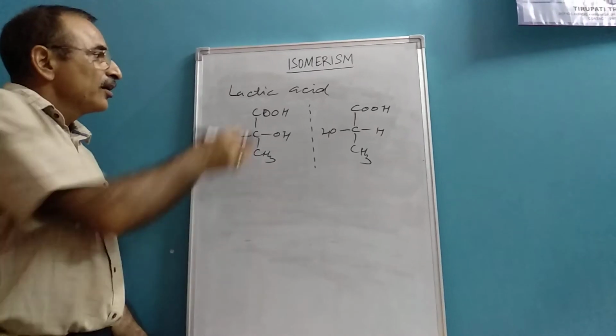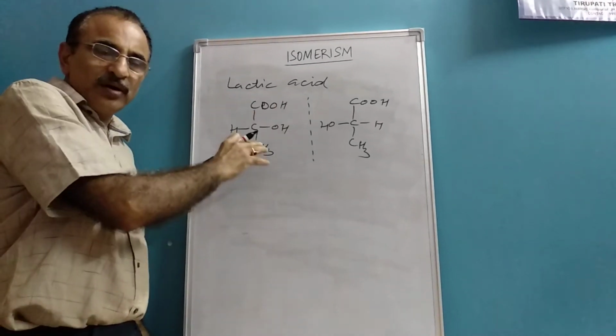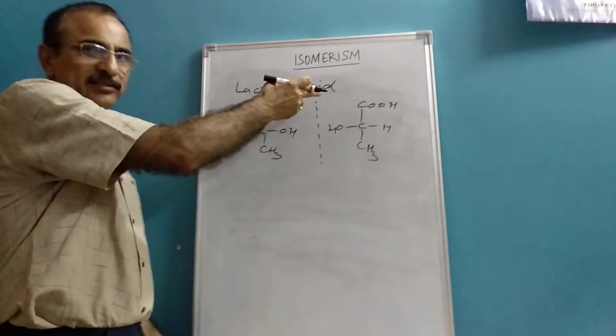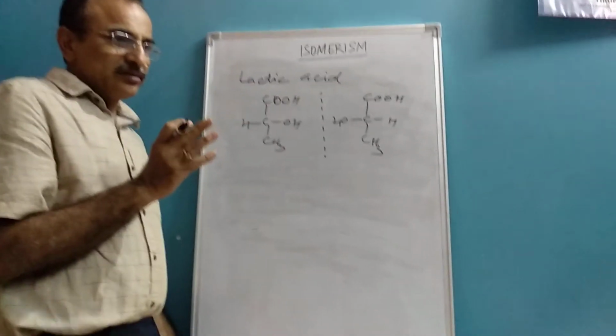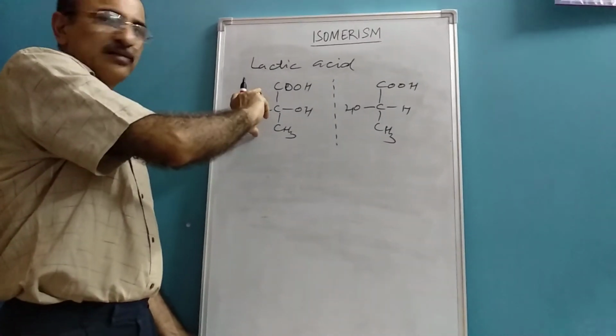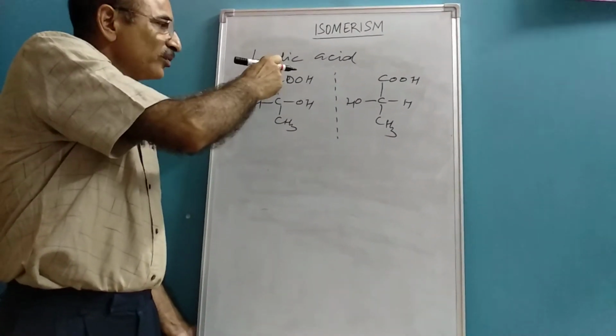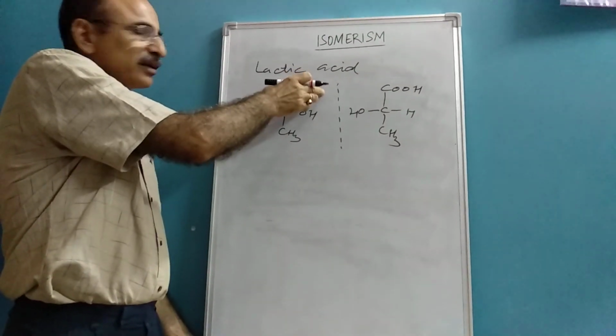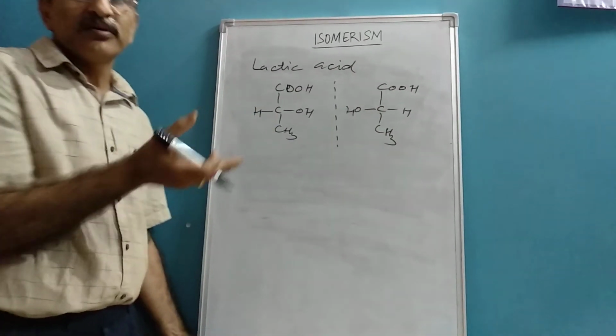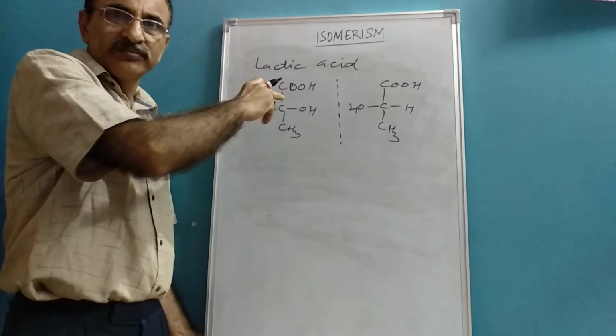Here, when you are going to observe the lactic acid molecule, traditionally it is like that. We have to write the most oxidized carbon atom at the top of the paper.